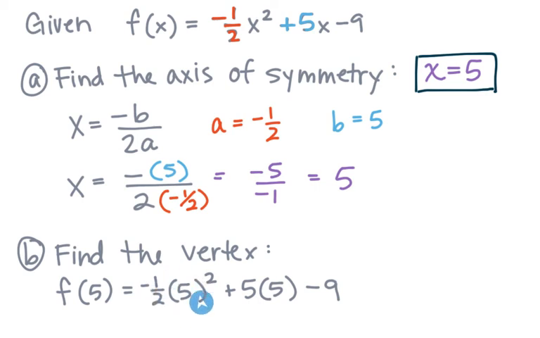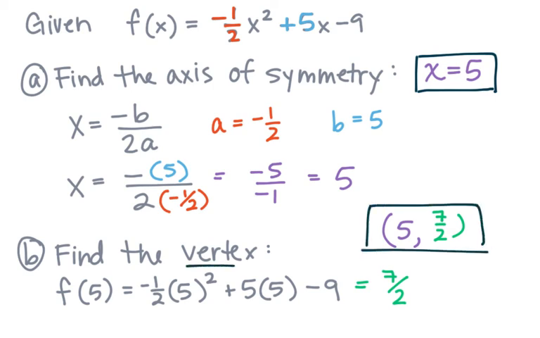So we have negative 25 over 2 plus 25 minus 9. That gives us an output of positive 7/2. So the vertex, which is an ordered pair, is going to be written as (5, 7/2). Always make sure when we state the vertex that we write it as an x, y ordered pair.